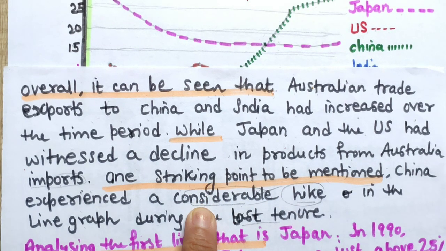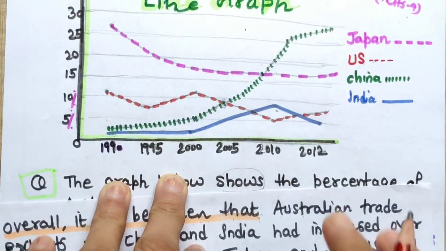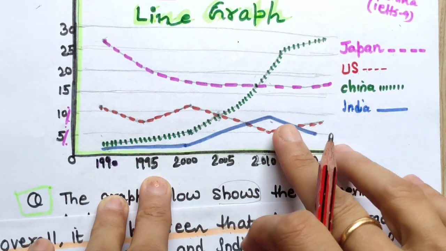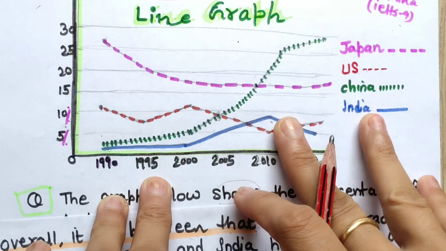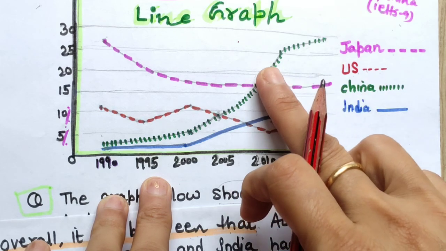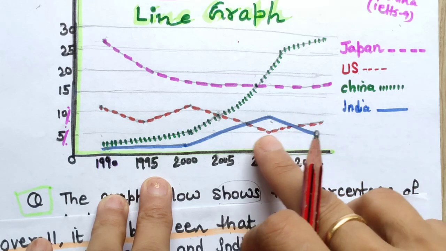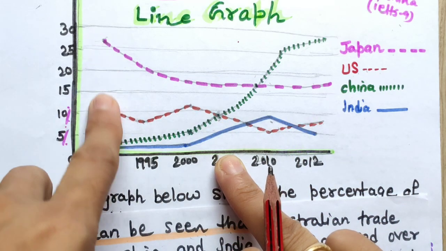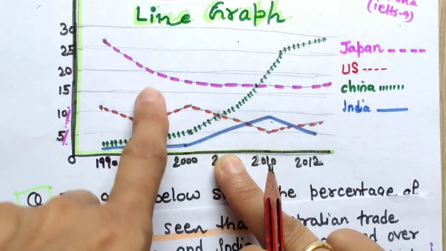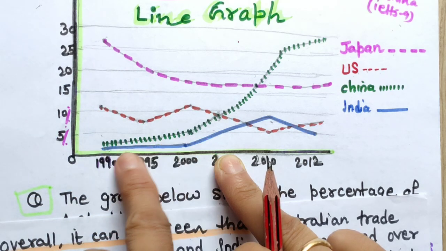Now, how to write the body detail paragraph? You can write separately for each line. You can make four small paragraphs, or one big paragraph for the first two lines and another for the last two lines, because those two lines are highest when it started and the other two are lowest when it started.